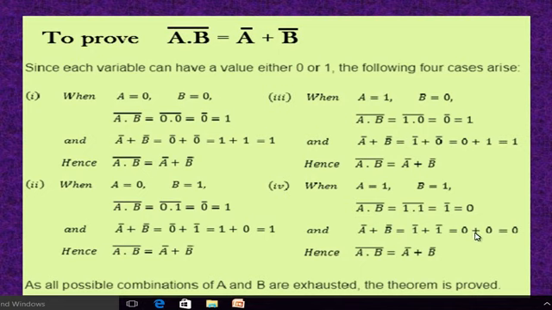Hence, (A dot B) complement is equal to A complement plus B complement, meaning LHS is equal to RHS. All possible combinations of A and B are exhausted. So this De Morgan's theorem is proved in this way.